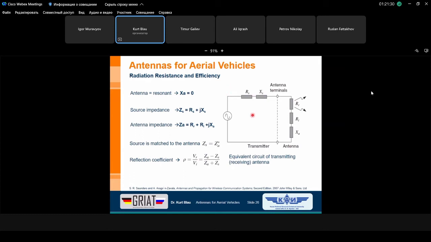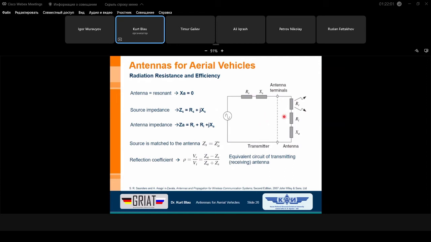Then you can see both elements as an impedance. And if you look from the generator side into the terminals of the antenna, then you can see this impedance. And the source is matched to the antenna, meaning the power which the generator can deliver goes completely into the antenna.